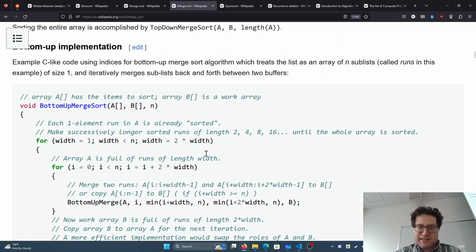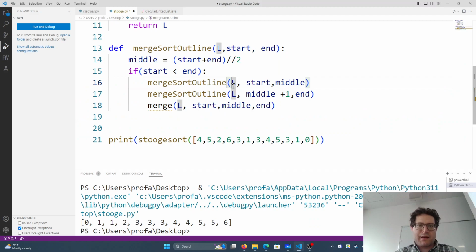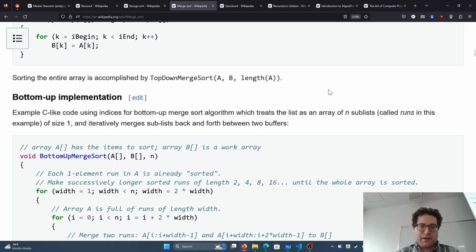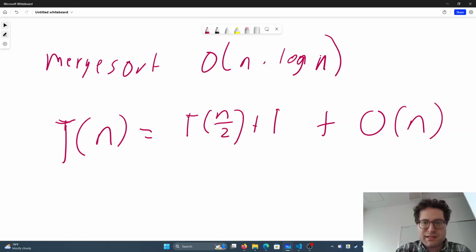And then merge sort itself does merge sort again, but on a problem half the size. So we have T of n over 2 plus T of n over 2. Sorry, writing and talking at the same time is very difficult.